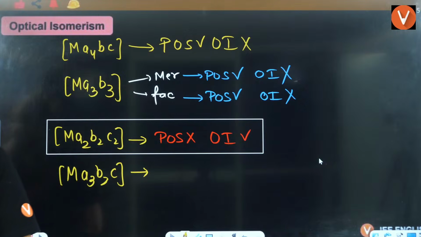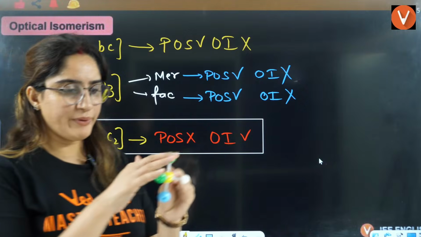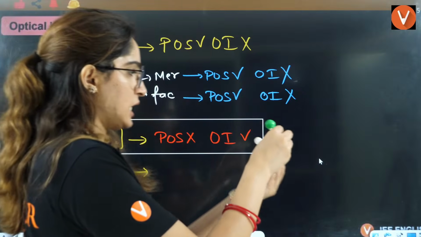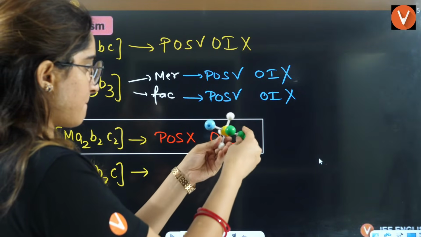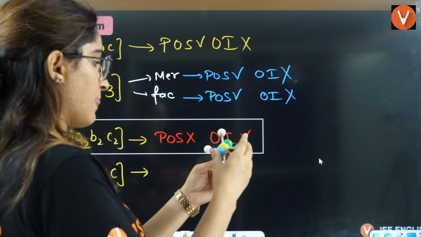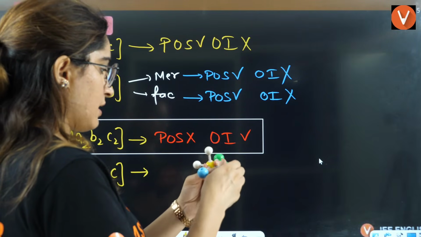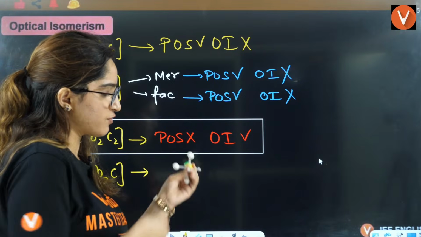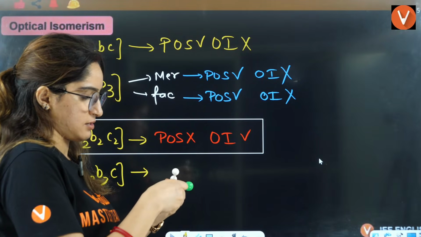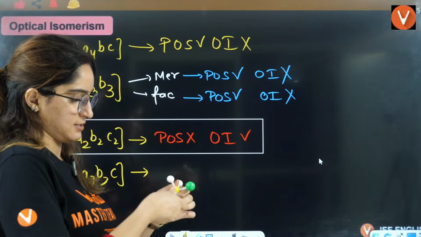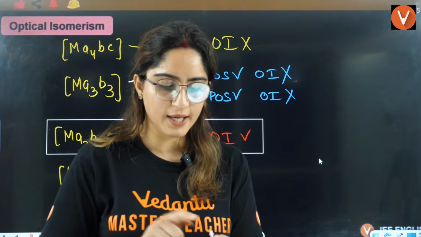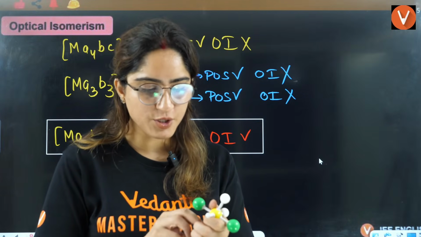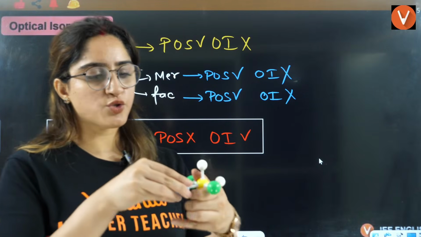Then you have A3B2C. Here also, if you see, if I have this kind of structure, if I put it like this, simple thing is, if I have a trans of this, these two are opposite.